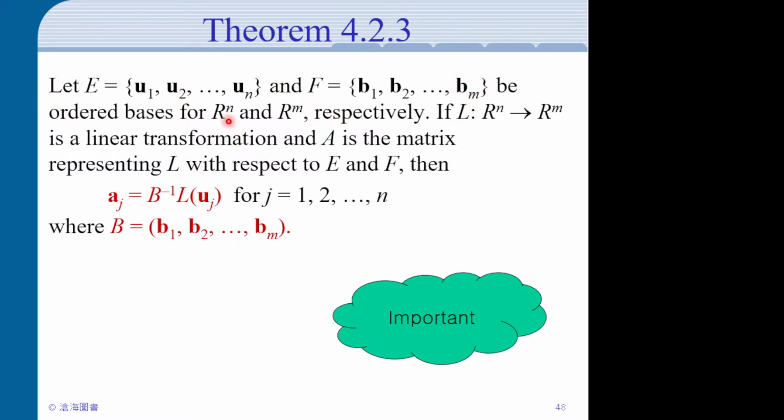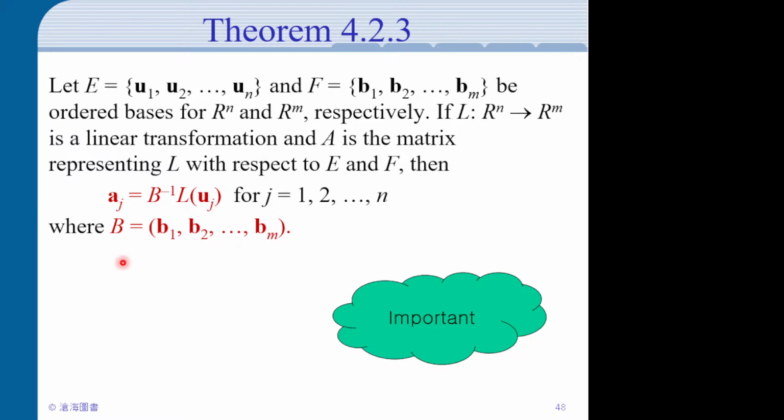E is the basis for Rn, and F is the basis for Rm. And so we have a linear transformation L from Rn to Rm, and we want the matrix A representing this L with respect to E and F.